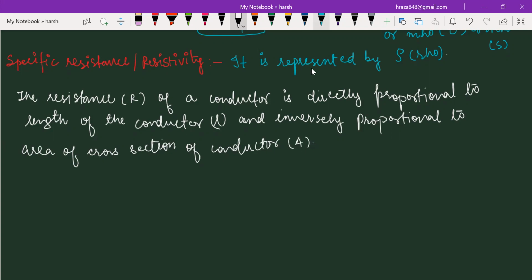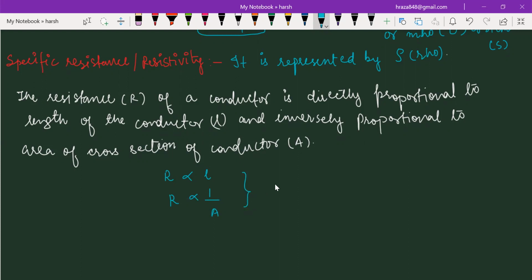So R is directly proportional to the length of the conductor and inversely proportional to its area of cross section. That means if you increase the length of the wire, resistance also increases. And if you increase the area of cross section, that means you take a thick wire, then resistance will decrease, and more current will flow.